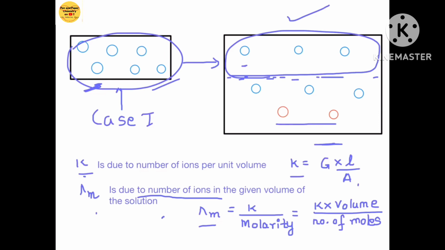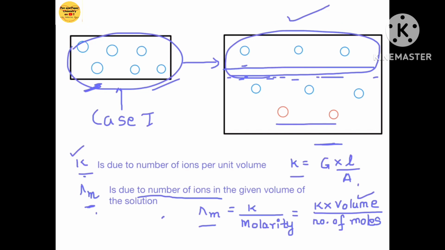So the decrease in the number of students per unit volume is actually compensated by the volume of the entire class. So what we find over here is that the molar conductivity actually increases in contrast to kappa, which decreases.